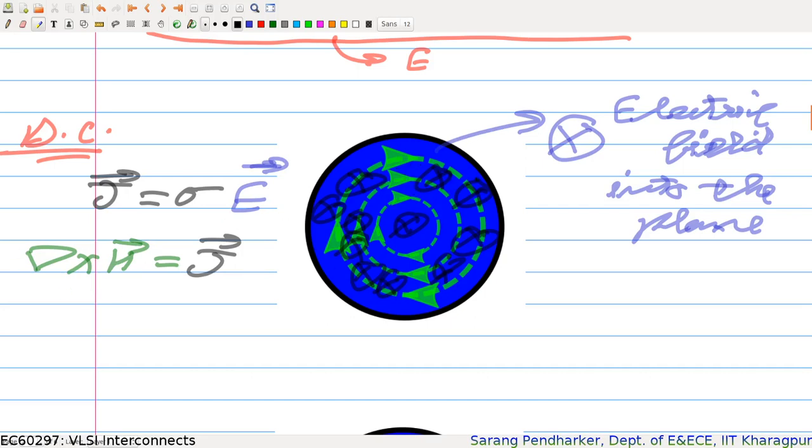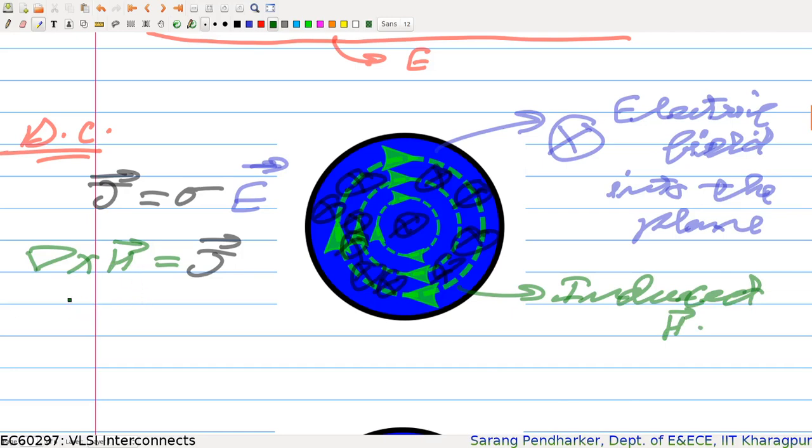So in this case, the magnetic field lines induced would be clockwise when I am looking into the plane of the paper and current is going into the plane of the paper. Because if I point my thumb inside the plane of the paper, the fingers of my right hand would be curling in a clockwise direction. So this would be my induced H.